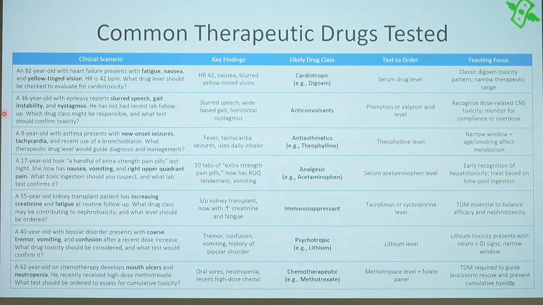What drug class might be responsible and what test should confirm it? Those clinical presentations, I've mentioned them several times, are hallmark for the anticonvulsant phenytoin. And so that would be what you would measure for this patient, the test you would order. Are there any questions about this table at all?